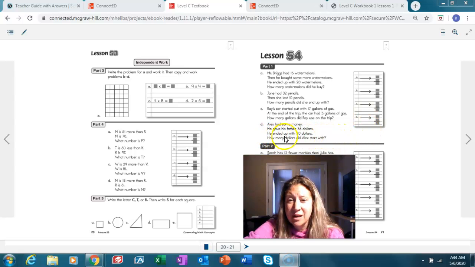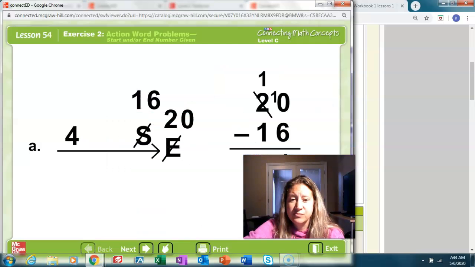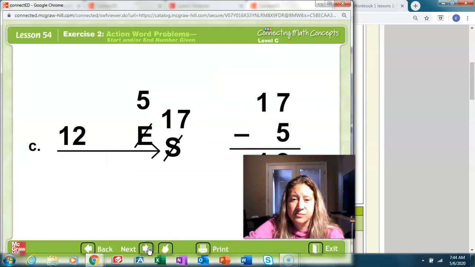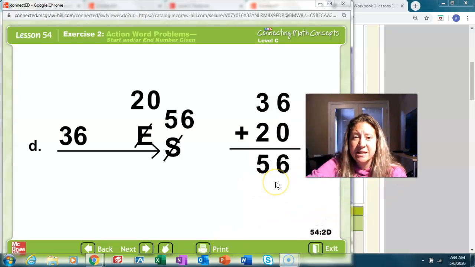It told us about the end number. So you replace the end number. Go ahead and write down your problem and work it. And did you write 56? Good job. You guys did a wonderful job today.